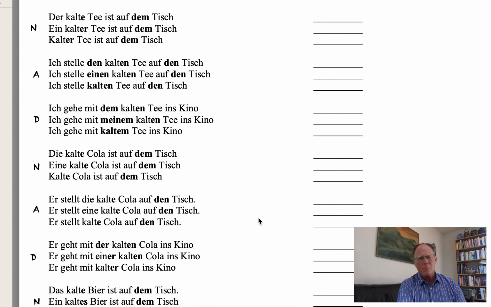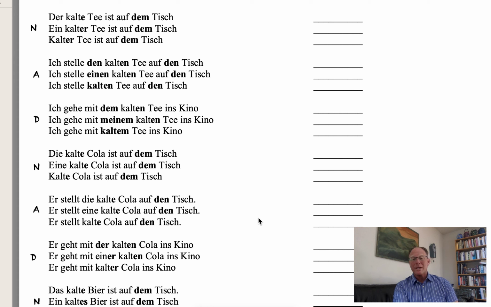So I've come up with, we'll call it a love poem, and we will deconstruct this love poem in order to demonstrate to you the pattern in the adjective endings.